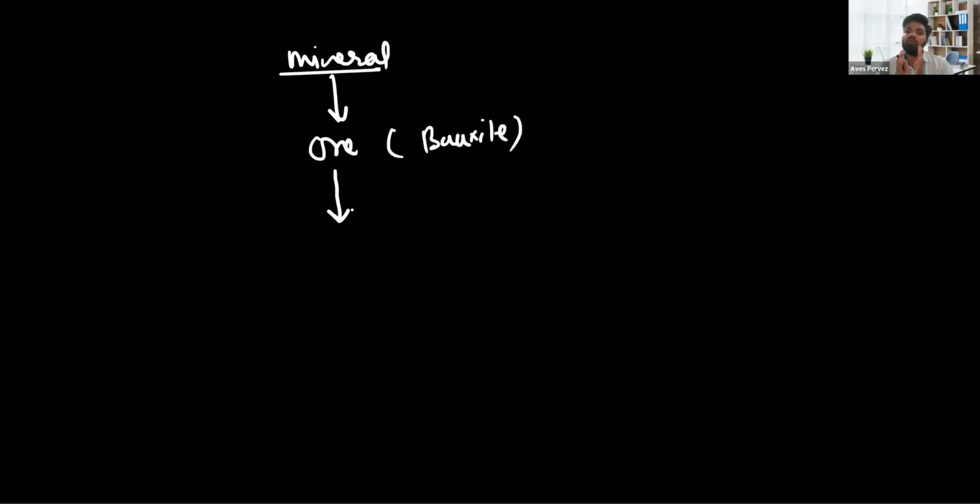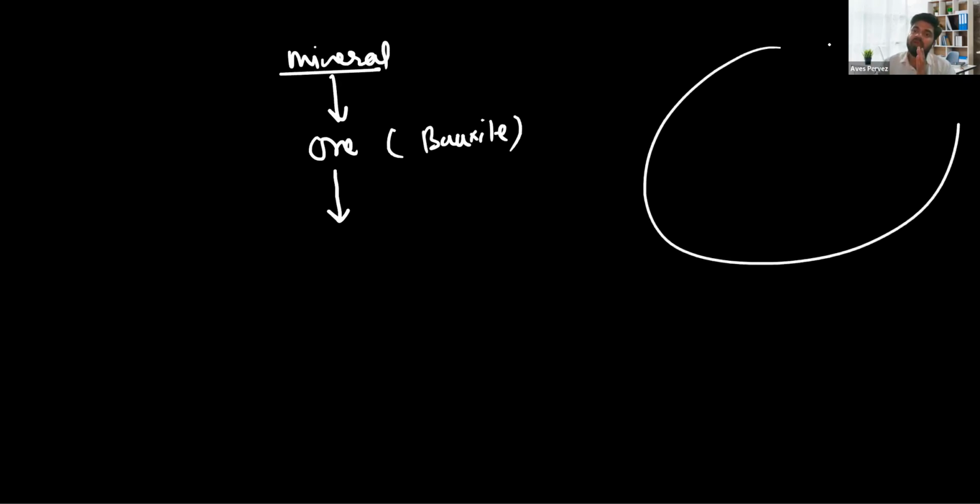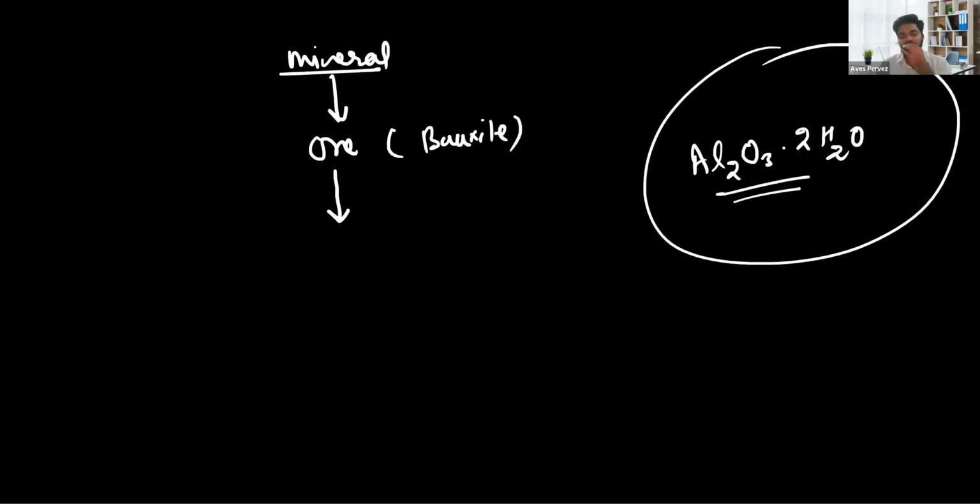After choosing the ore, for example, if we have a big heap of Al2O3.2H2O, which is bauxite ore, or it can be Fe3O4, what we will do first is crush the ore into thin powder.